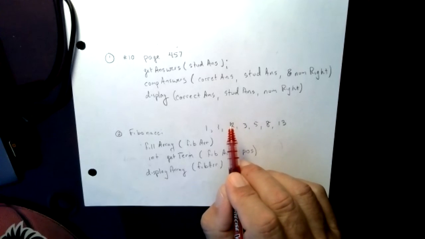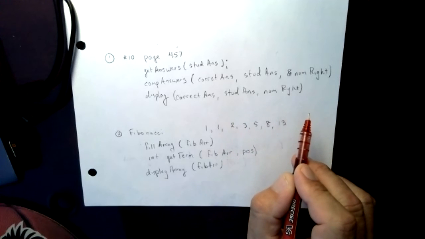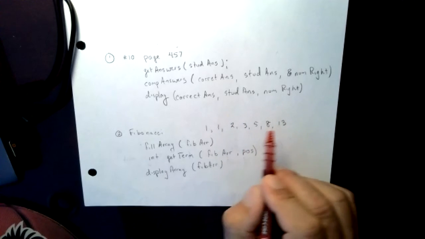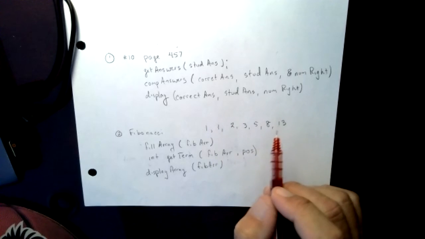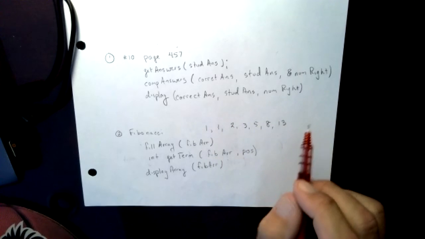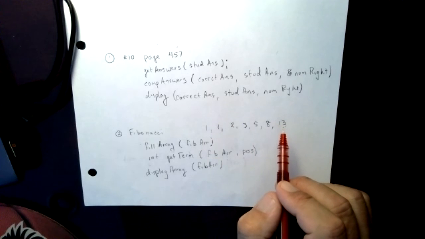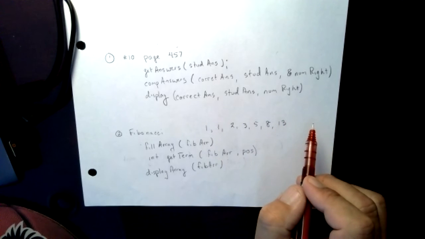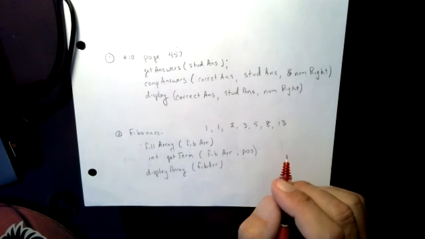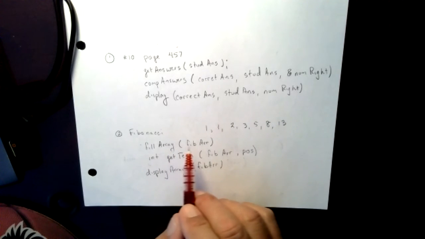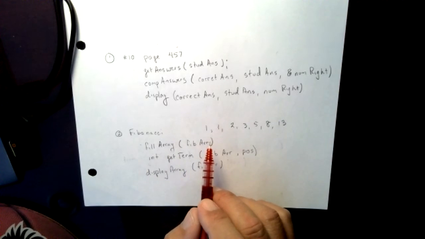So you would have a loop from location 2 to the end of your array so that you can fill it. How big of an array can we have? Well, that's something I want you to figure out, because believe it or not, this grows quickly. You know, next number's 21, then 34, then 55, and be curious to see how many you could put in there. Okay, so you're going to fill the array, first function.